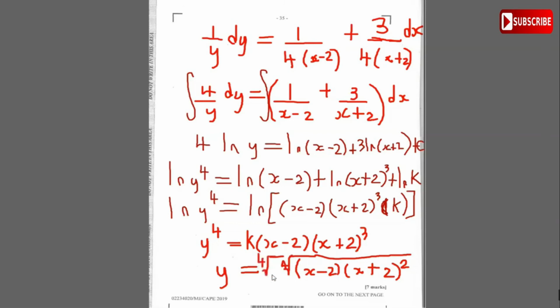This quart root of our k, we can just call that some small k. This is capital K, this is small k. And so y is now k times, because it's still a constant, the quart root of x minus 2 times x plus 2 all squared.